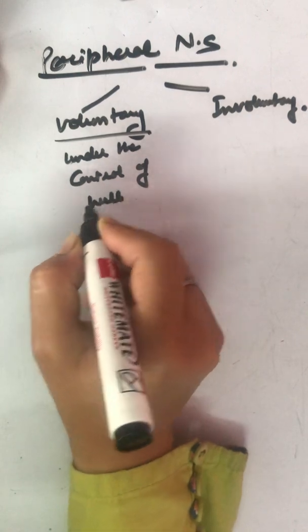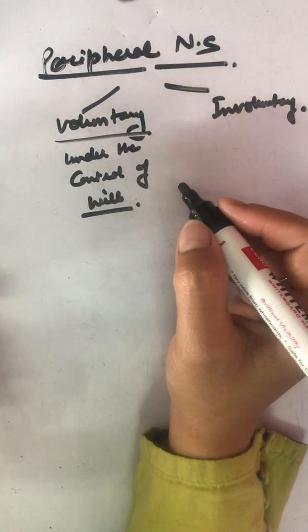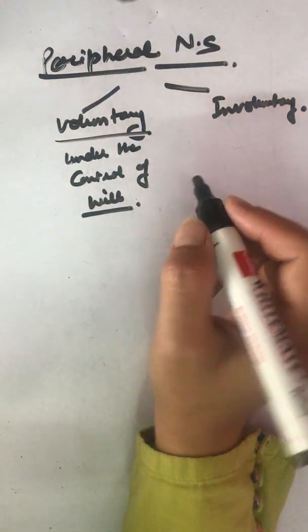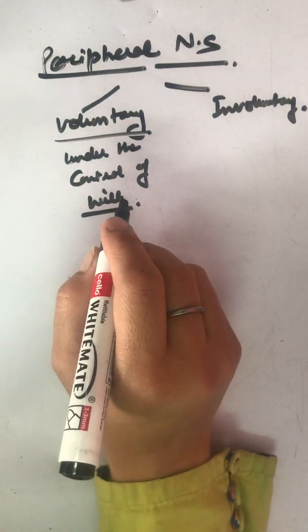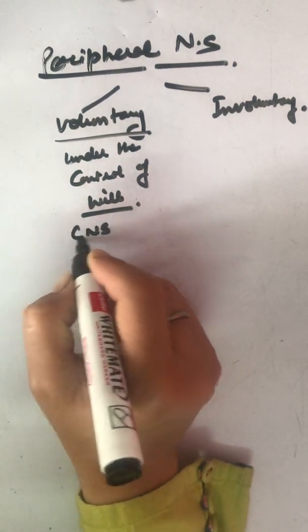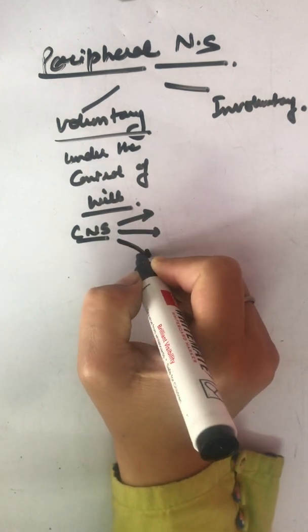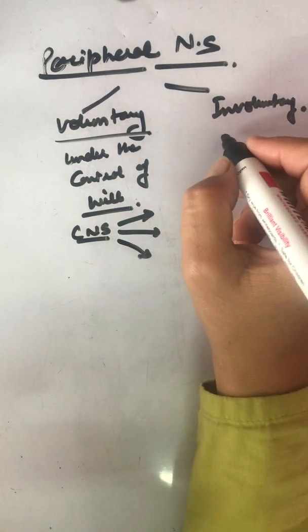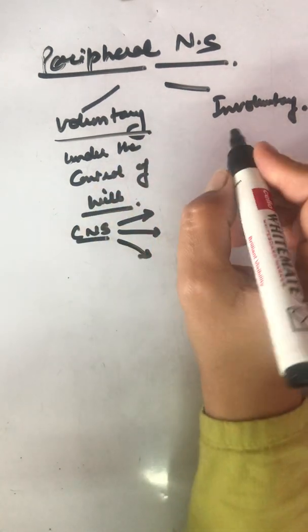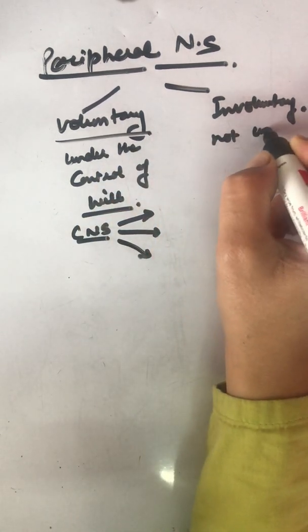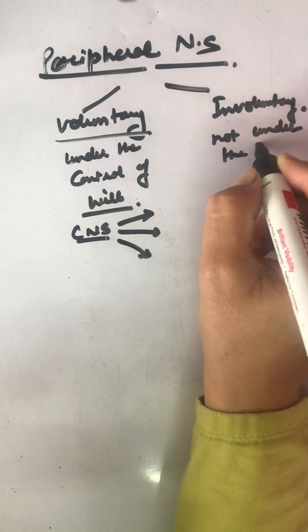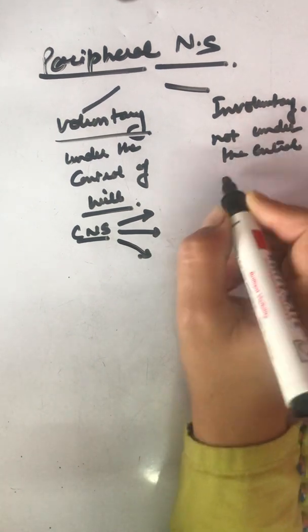That I want to do it, I will do it, so I will lift up my hand this way, voluntary. It consists of all the nerves that arise directly from the CNS, connecting different parts of the body for the voluntary action. Involuntary, on the other hand, is not under the control of human will.